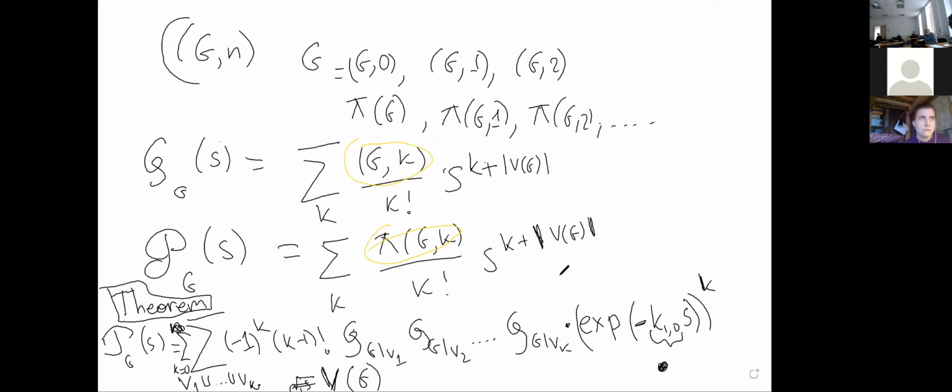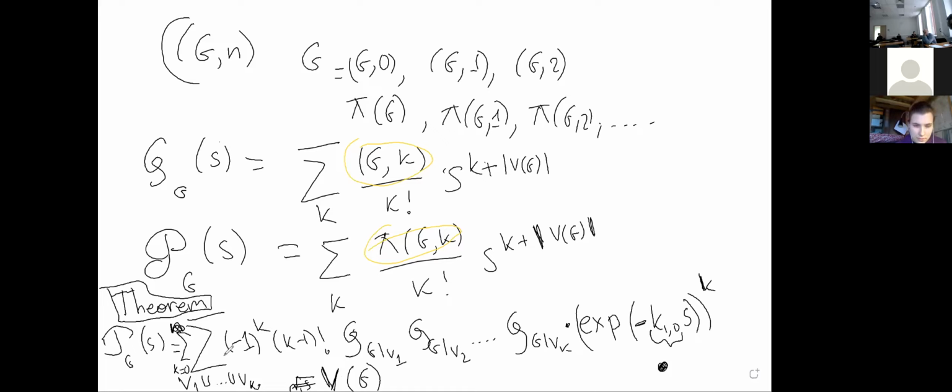Yes, here we have a disjoint union. We take vertices of G and we take all the disjoint unions of subsets, like it was in the projection of the graph.